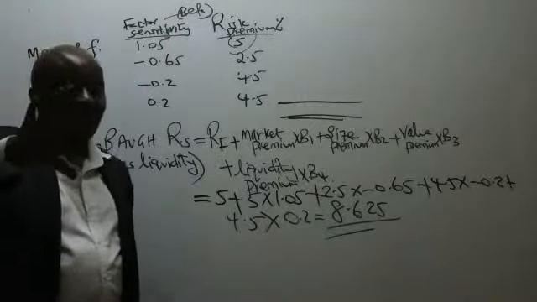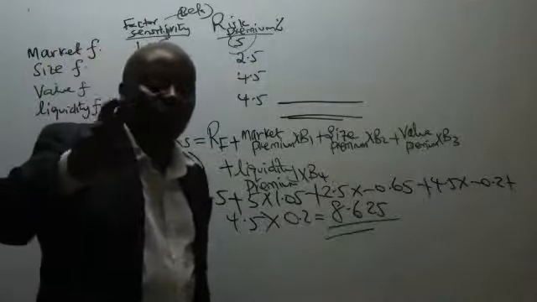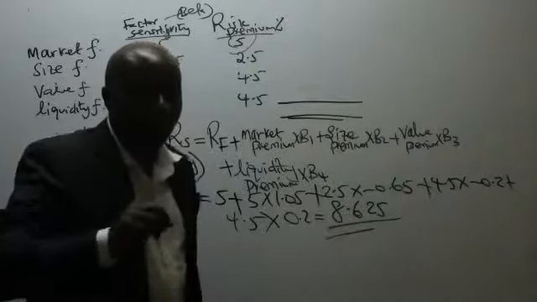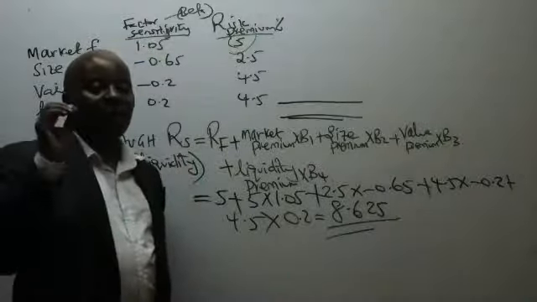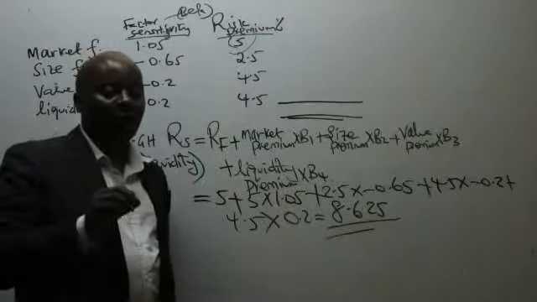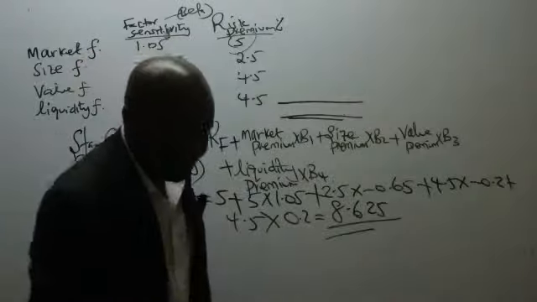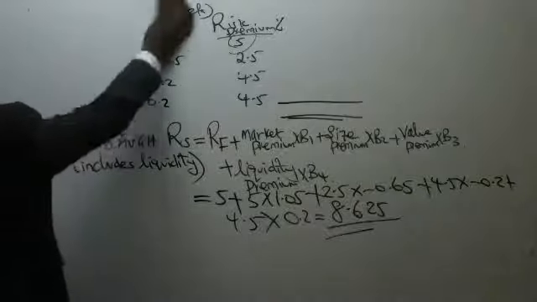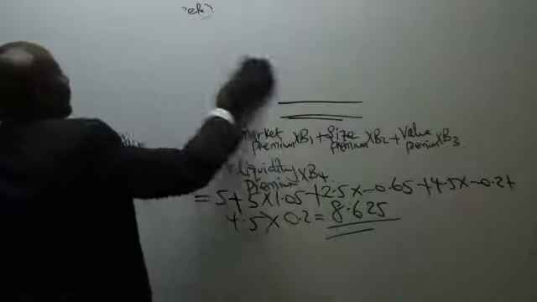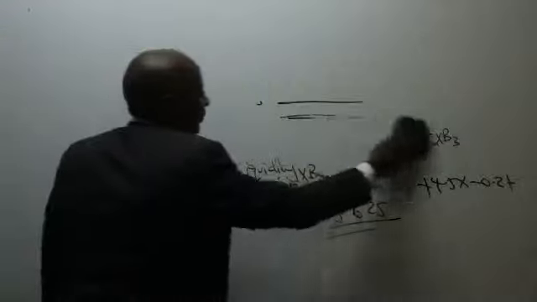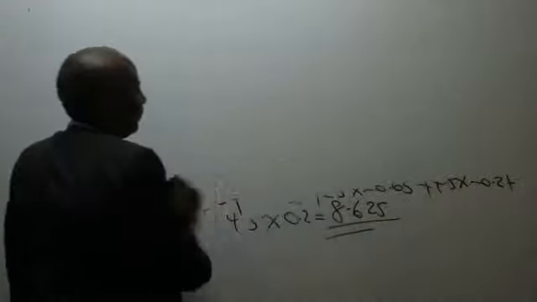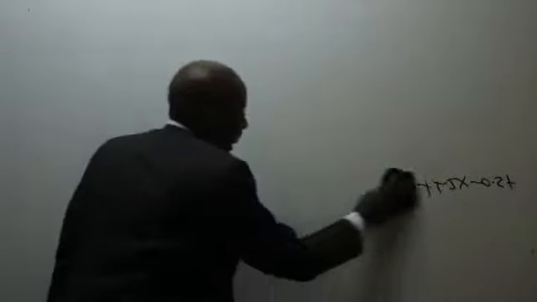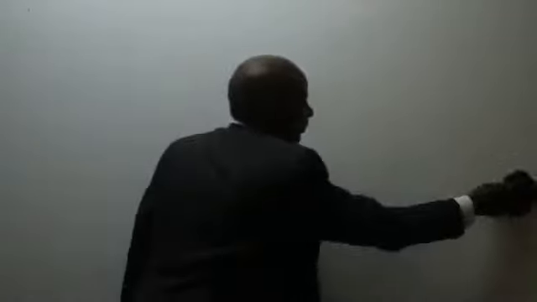So if somebody asks you to differentiate between Fama-French and the Pastor-Stambaugh models, what is the clear-cut difference between the two models? The number of factors, thank you very much.